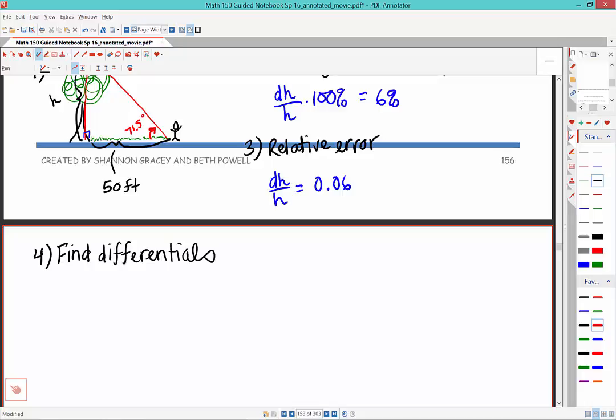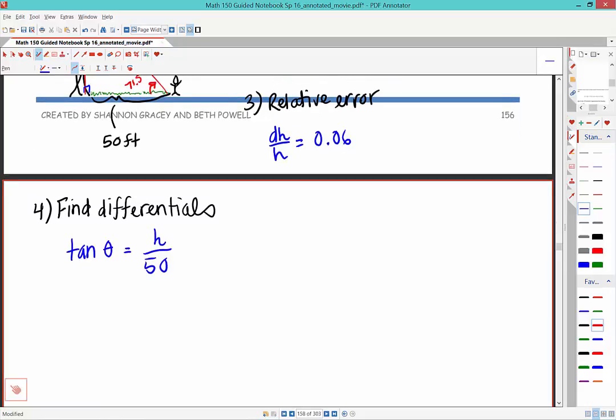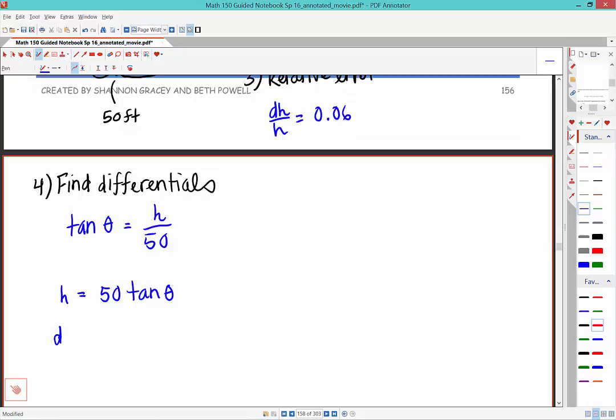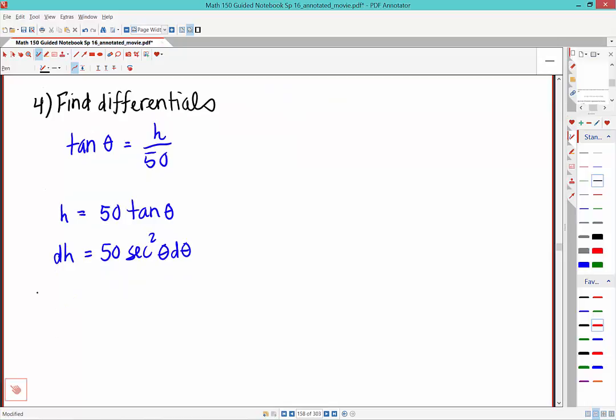And when we find our differentials, we have tangent theta is equal to H over 50. But we want this in terms of H. So isolating H, we would get 50 times tangent theta. And our differential will be dH is equal to 50 times secant squared theta, d theta. So now going back over to look at our relative error.